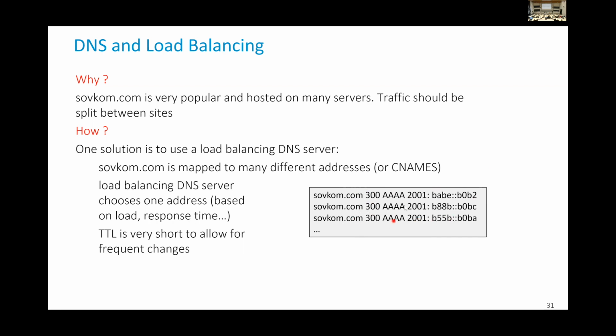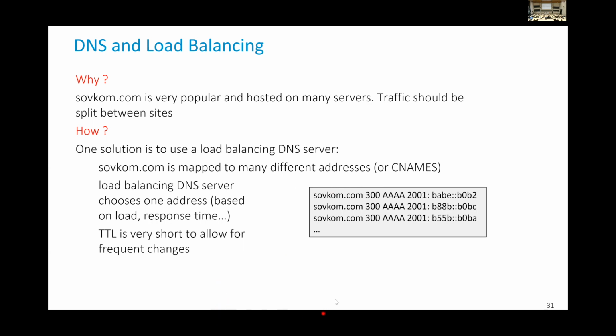And then you see also a very short time to live, 300 seconds. 300 seconds, yes, so a few minutes. It can be even much shorter. So this has the effect of what is called a load balancing DNS server, because when your system goes to the DNS server of Softcom, the DNS server will reply with one or a small number of these mappings.